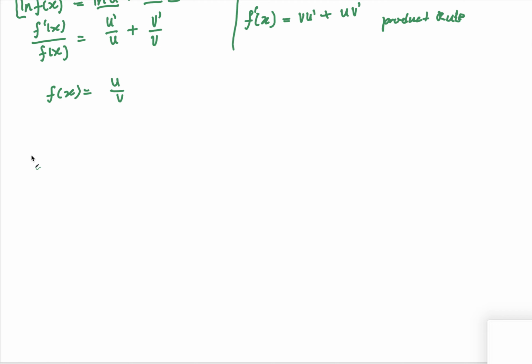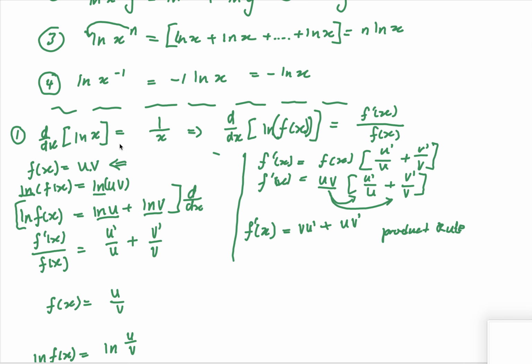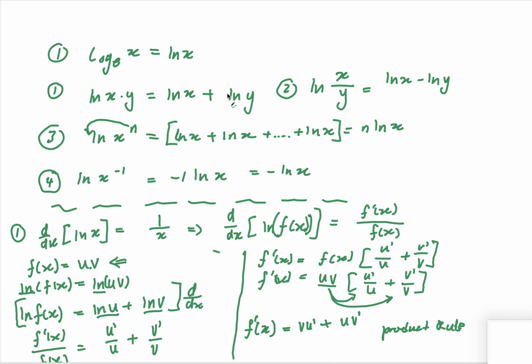Now we apply ln on both sides, so we have ln of f of x equates to ln of u over v. Now we simplify this using the second rule, which is here.